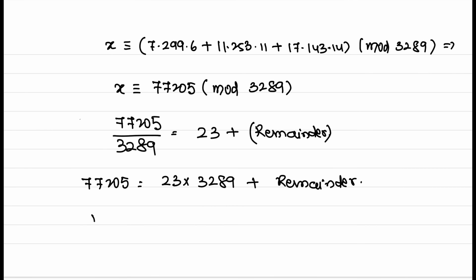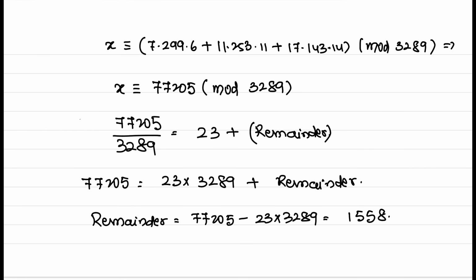That remainder will be 77205 minus 23 into 3289. Let us see how much it will be. It is a very simple calculation. That is 1558.